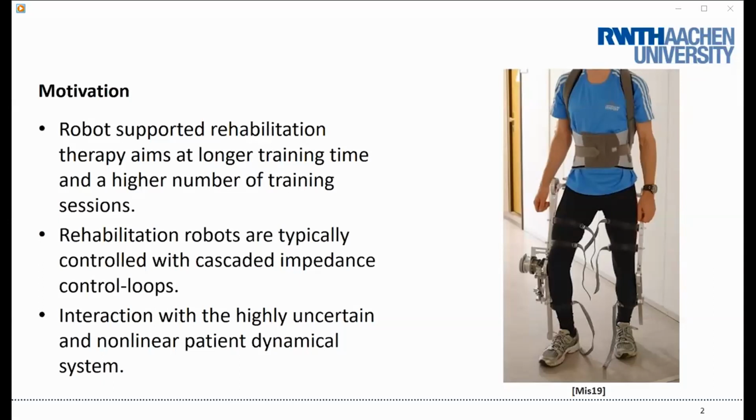However, the interaction of the robot with a highly uncertain and nonlinear dynamical system demands special control design approaches, which is also the case for our exoskeleton application that we are currently building and that you can see in the right-hand figure.